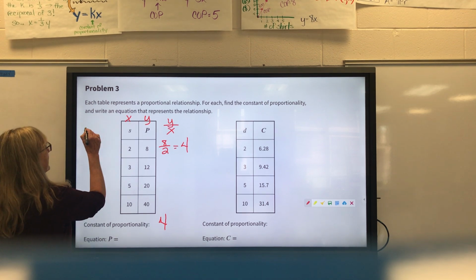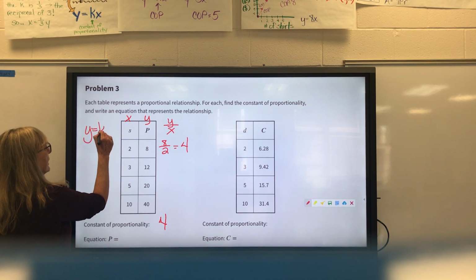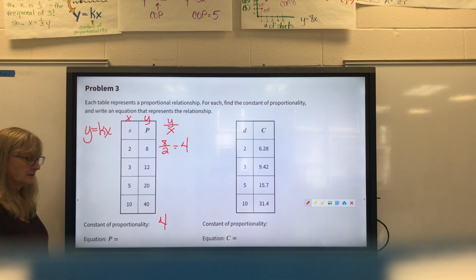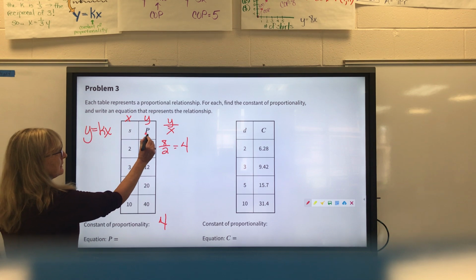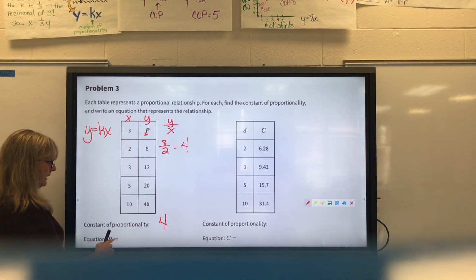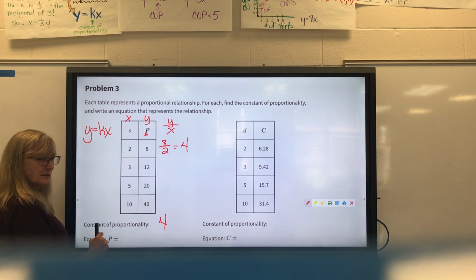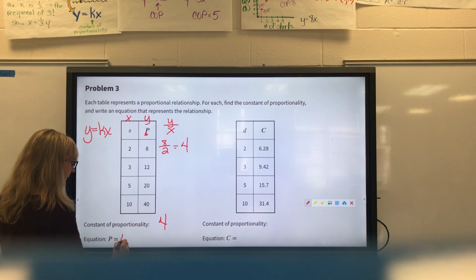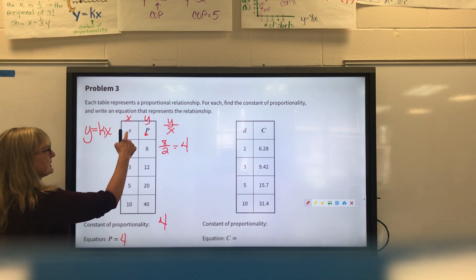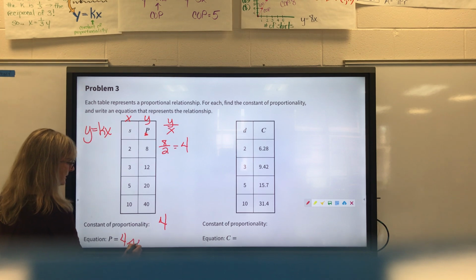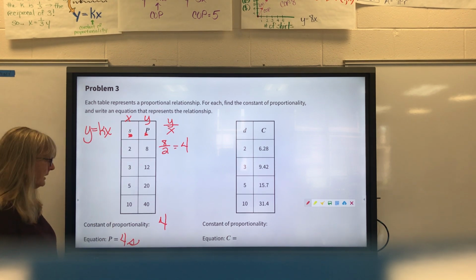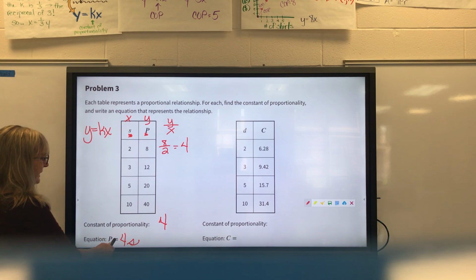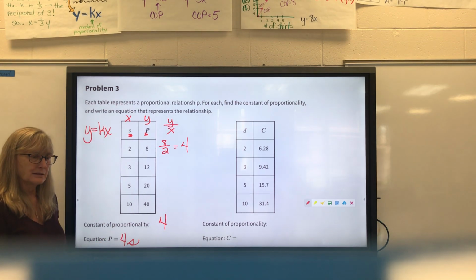The equation is in the form of y equals kx. So in this case, y is p. So p equals, what's our constant? 4. And what is our x? S. Okay, so our equation would be p equals 4s.